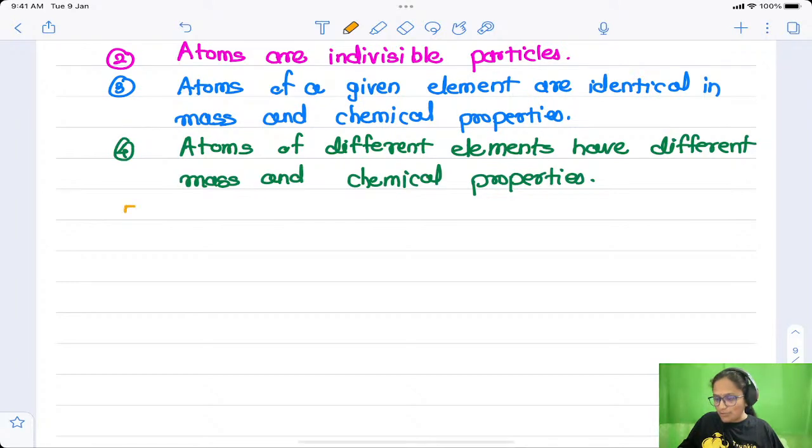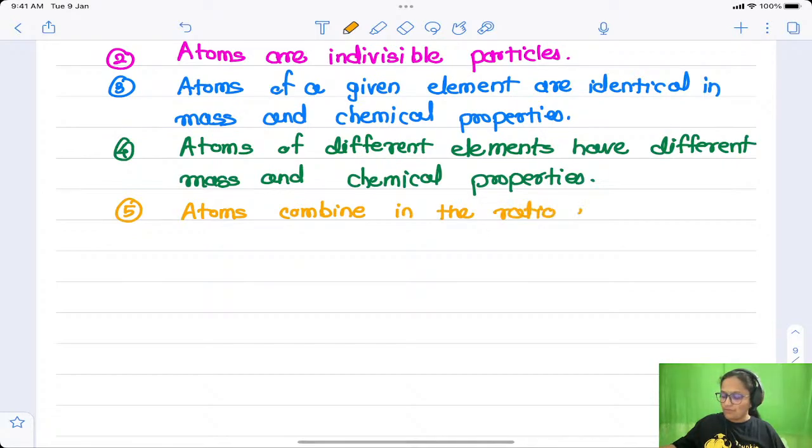Then the fifth postulate I will write down now. Atoms combine in the ratio of small whole numbers to form compounds.